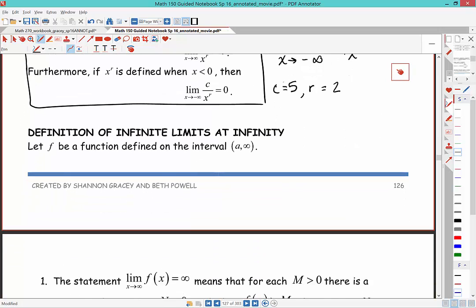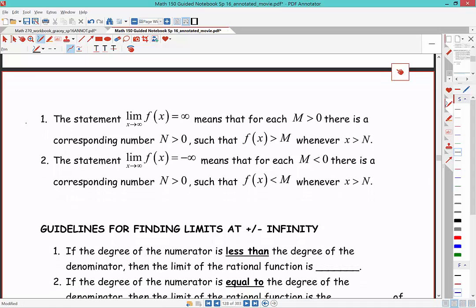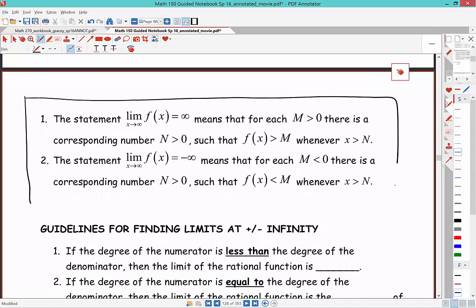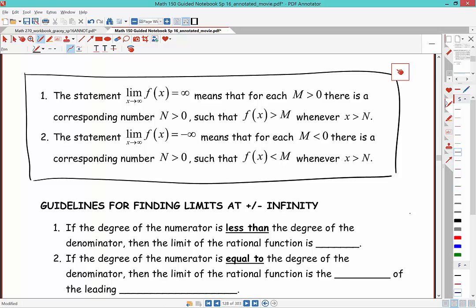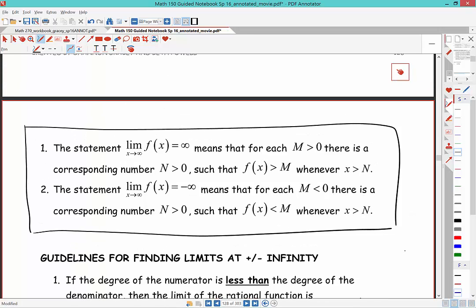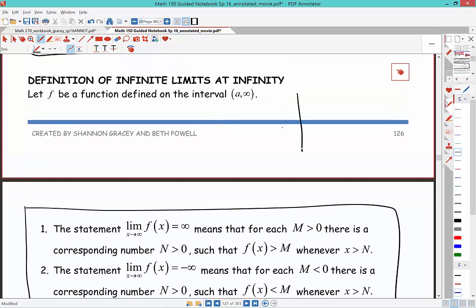Okay, so now the official definition of infinite limits at infinity. Again, there's always a great visual in the textbook. But if you have something that increases without bound, your function values increase without bound or decrease without bound as you go to plus or minus infinity, then you end up getting an infinite result when you evaluate that limit.